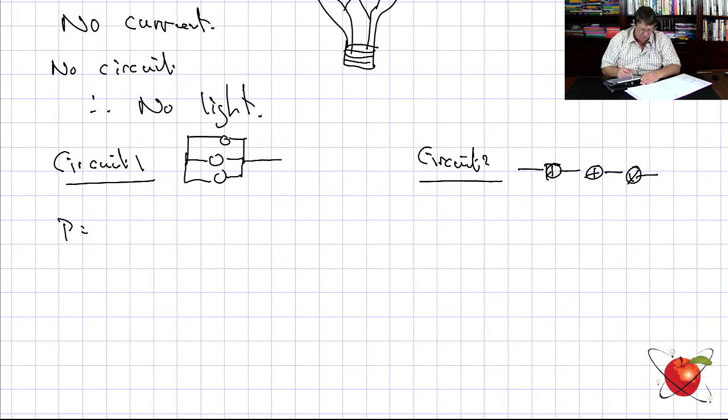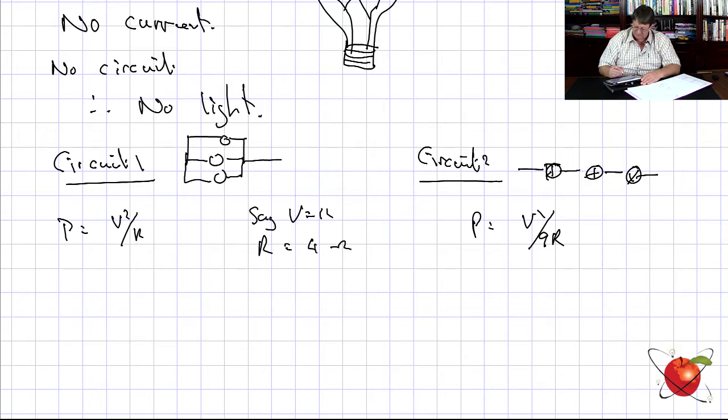Power was equal to V squared over R. In this case, power was equal to V squared over 9R, right? So say V is equal to 12 and R was equal to 4 ohms. So the power here is going to be 144 over 4, which is equal to 36 watts.